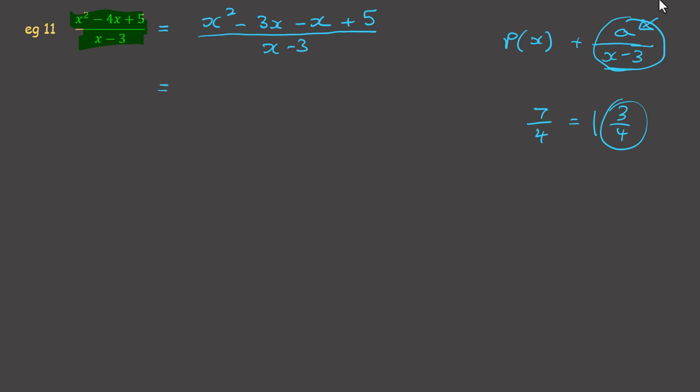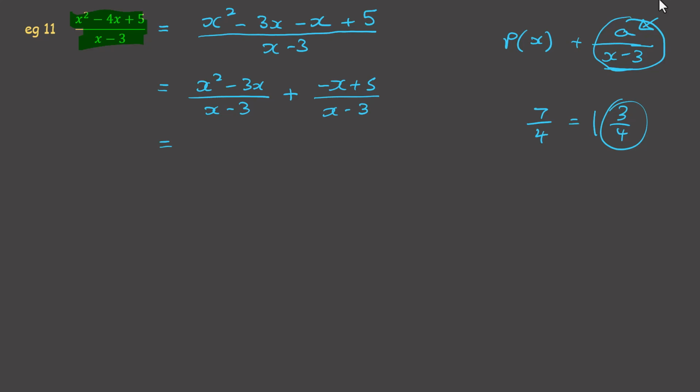And then I'm going to split the fraction, x squared minus 3x over x minus 3. And then I'll have take away, well actually let's do it as a plus, I think. And then I would have negative x plus 5 over x minus 3.